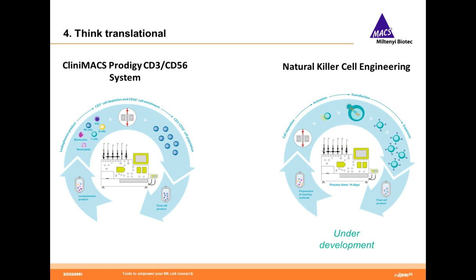Or in the case of the natural killer cell engineering, it will allow you to automatically isolate NK cells, do the transduction and expansion in one instrument. This is only one closed system, and then you will have your NK cells at the end of 14 days.